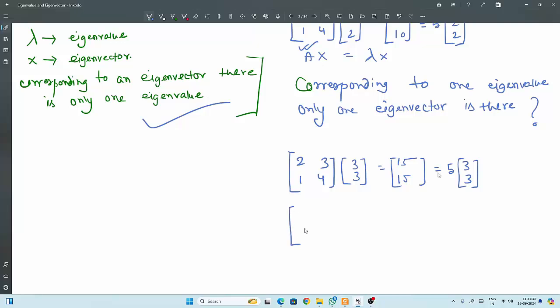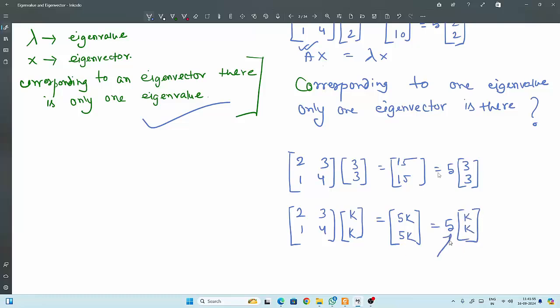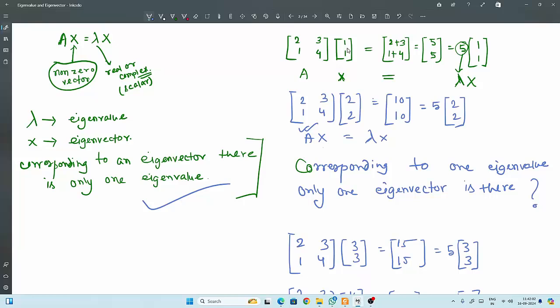I am saying that not only 1, 1, if we multiply 2, 3, 1, 4 by k, k, as you have seen in the infinite solution cases, then you will get 2k plus 3k, which means 5k, and this is also 5k, so you are getting 5 times k, k. That means 5 is one eigenvalue and k, k is the eigenvector corresponding to it. So not only 1, 1, anything k multiplied by 1, 1 is also an eigenvector for that eigenvalue 5.